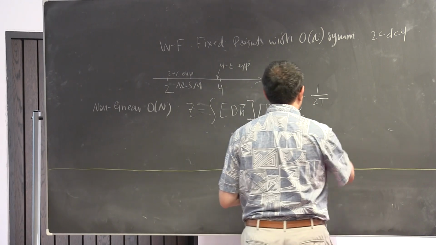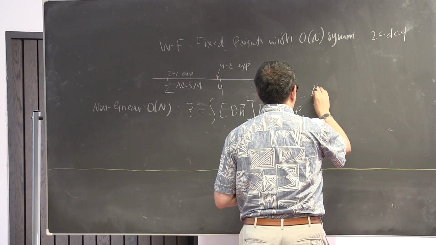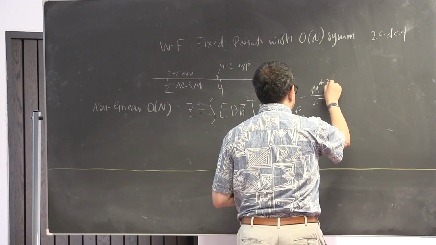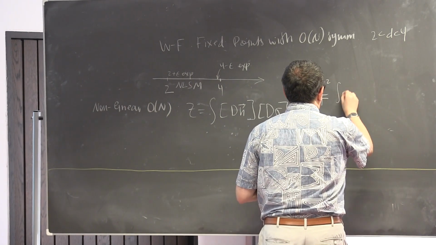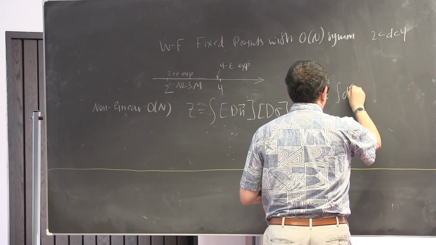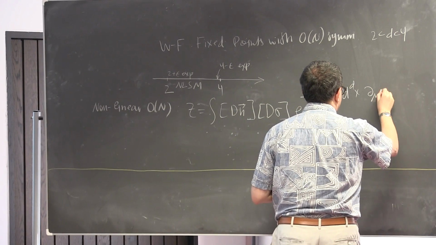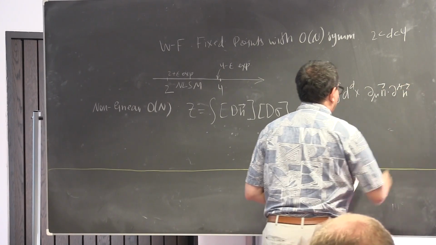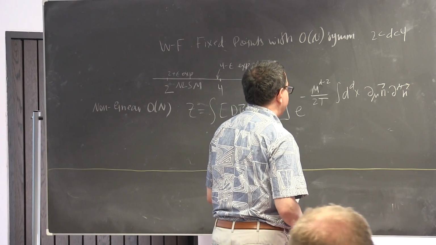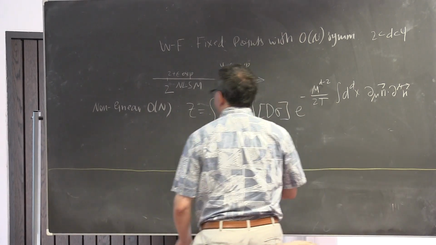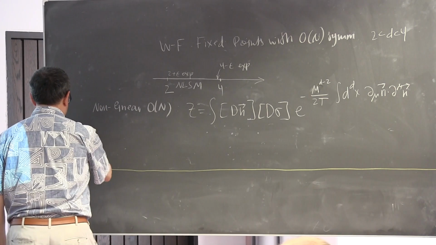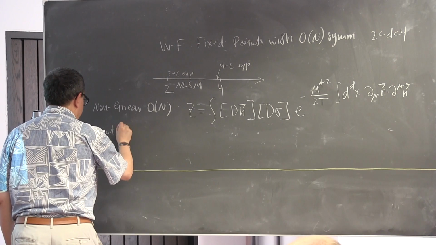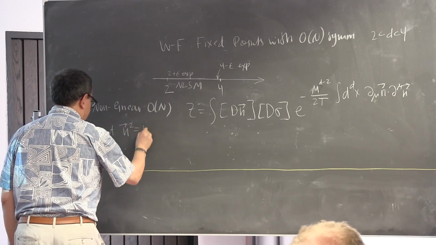T is the coupling constant, and here we have some scale M to the power d minus 2, integral d^d x, partial_mu n dot partial_mu n. And then you also need the constraint. This is the nonlinear constraint, that n squared is equal to 1.